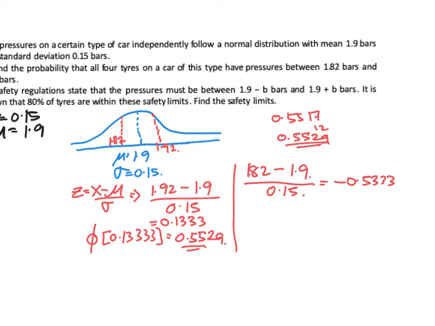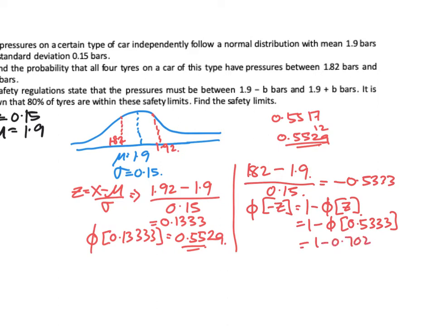So find the Φ of negative z, which is the same as 1 minus the Φ of z. So it's 1 minus the Φ of positive 0.5333, and it's 1 minus 0.7029, and the answer that I have is 0.2971.